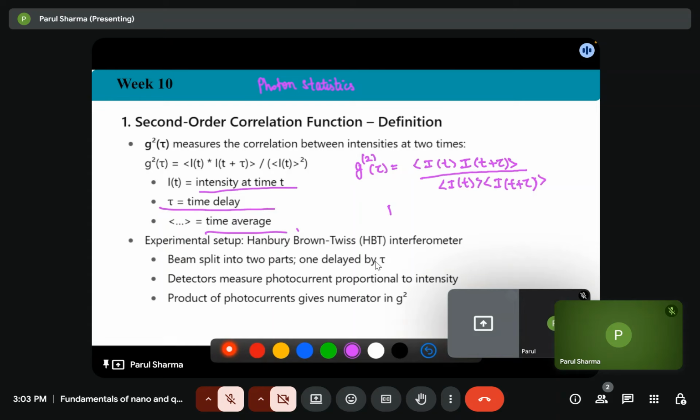experimental setup for the Hanbury Brown and Twiss interferometer, that is HBT.